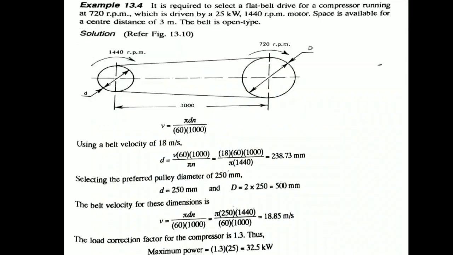I'll read the numerical, just listen, understand first, and then try to solve. It is required to select a flat belt drive, open belt drive, of course, for a compressor, very important, running at 720 rpm, which is driven by a 25 kilowatt motor at 1440 rpm.